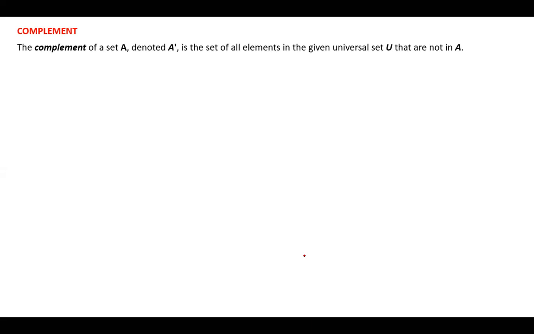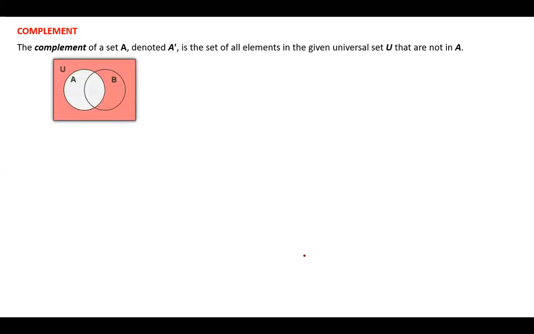Let us take a look at this definition here, which says the complement of a set A, denoted by A prime, is the set of all elements in a given universal set U that are not in A. So when you talk about A complement, we're simply telling you to list everything apart from A. That is the simplest definition of A complement.